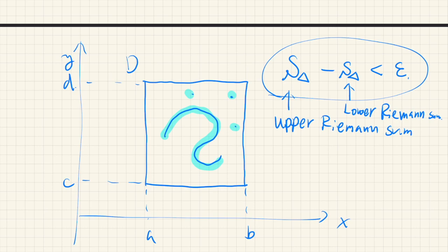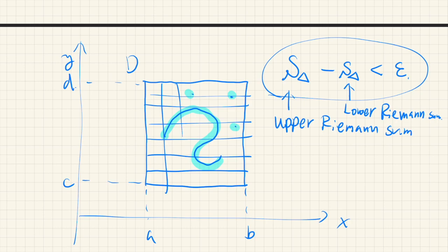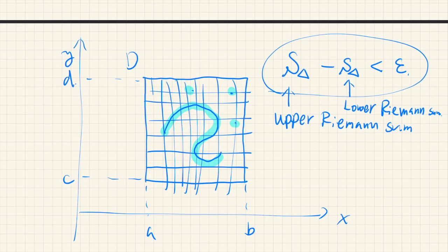Well, the proof is technically a bit involved, but the idea is very easy to understand. In order to define the Riemann sums, we first define some partition, right? So we divide these intervals into small subintervals. Then we classify each of these small rectangles into two classes.